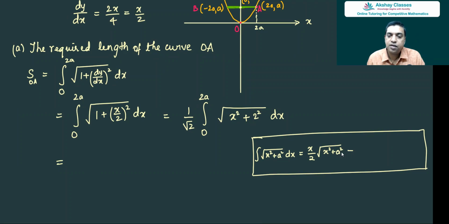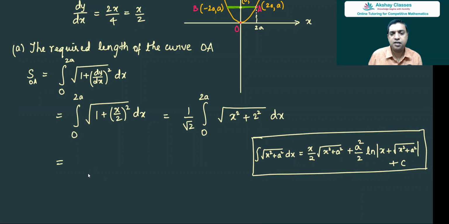Plus, the sign comes with the coefficient of a square. So if it's x square minus a square, it will be negative. Otherwise, it is positive. So plus a square upon 2 times log mod x plus root of x square plus a square, plus c.